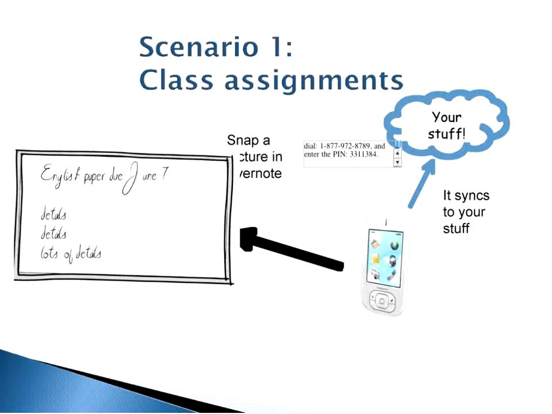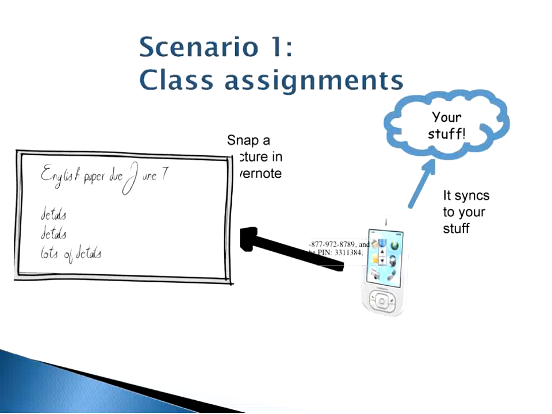So what's really cool is to imagine a scenario where the student has their own smartphone with a camera. They take the photo of the assignment off the board, and now that photo note is in their Evernote. It goes into their cloud, and it synchronizes.